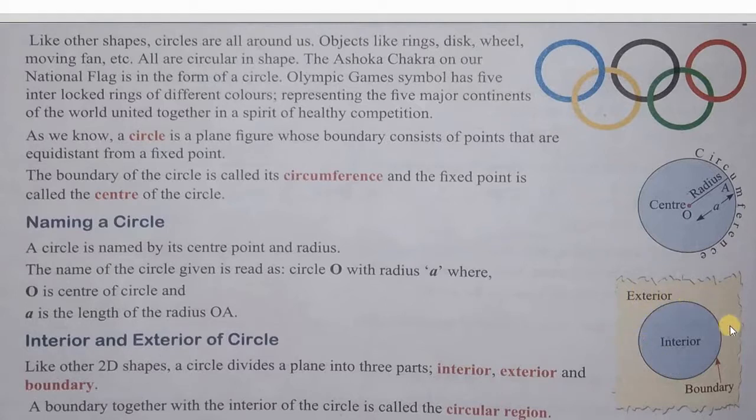The black part which you have drawn is the boundary, and the inside part from the boundary is the blue part, which is called the interior, and the outside is the yellow part, which is called the exterior.